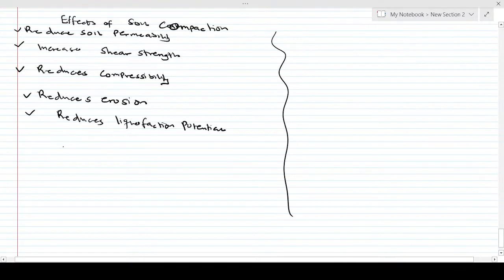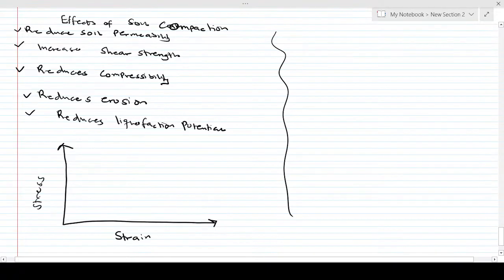So over here we have our strain, then we have our stress. We are going to do this for normally consolidated or loose sand.